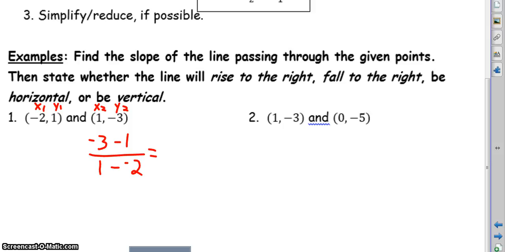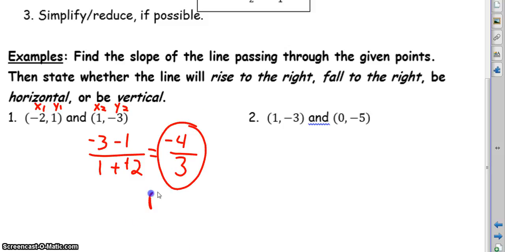Then we would do our operation, -3 minus -1, which gives us -4. And we would do 1 plus 2, which is 3. So our slope is -4/3. So because it's negative, that means that line will fall.